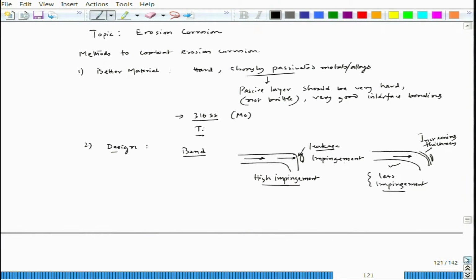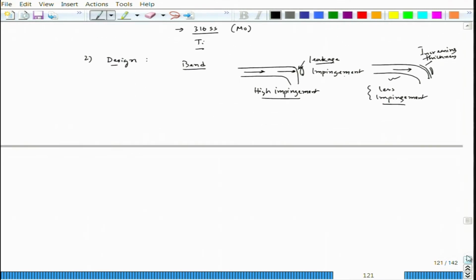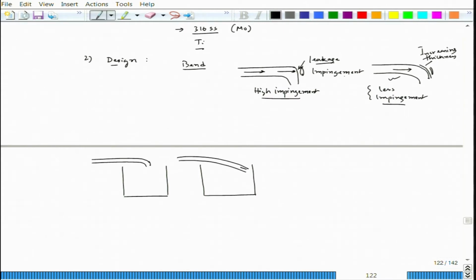Another design, for example, if you have a tank, this is a tank, and one way is a pipe is directed at the center of the tank, and in another case the pipe is coming and the water is hitting the wall of the tank.